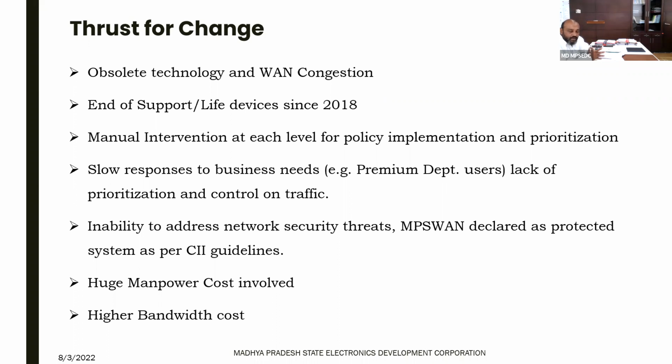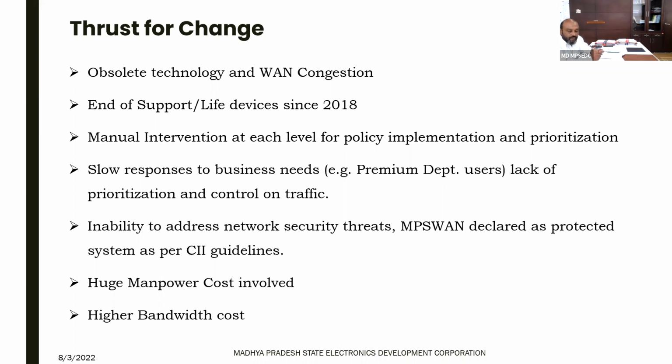Then the SWAN we have declared as a protected system, under the guidelines of CII, Critical Information Infrastructure, that is mentioned in the IT Act, along with coordination with NCIPC. If SWAN is capturing national health, economy, and safety, so falling under any of these three parameters, then it has to be declared as a protected system.